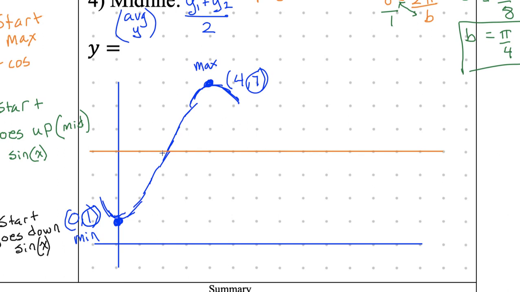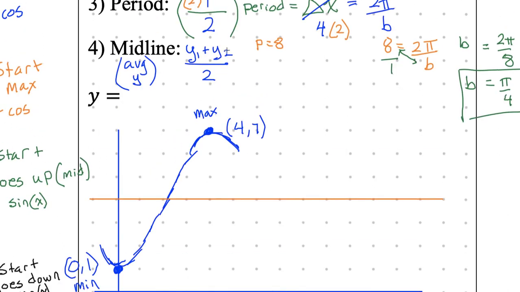To find the average, you add them together and then divide by 2. So I'm really saying here 1 plus 7 divided by 2, that's 8 divided by 2, and that's 4. So I say 4 is equal to k. K is our value for our midline.